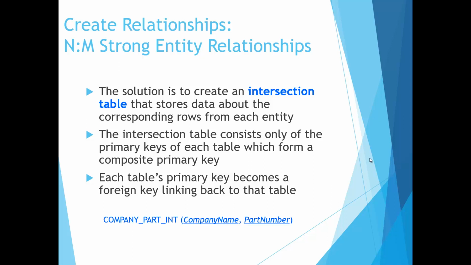So the company-part intersection will have company name and part name both as primary keys, and that's why we underline that. So this is the new table, or the notation of the new table.